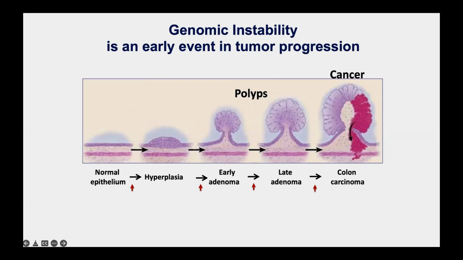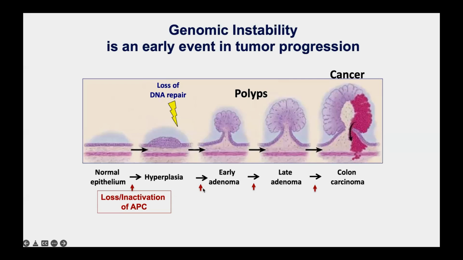Okay, so coming back to this figure that I showed earlier, if you recall, this multi-step process of the tumor progression pathway as it's been mapped to colon cancer. There are all the steps, and we talked about how different mutations occur in different safeguards.